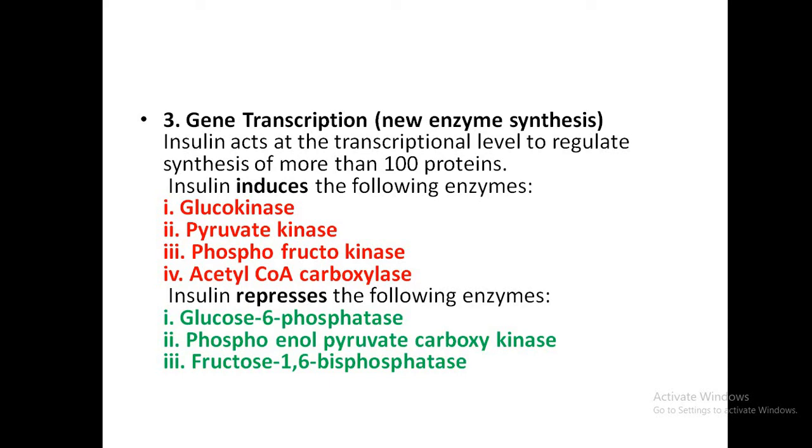And it will repress the following enzymes: glucose 6-phosphatase, PEP carboxykinase, and fructose 1,6-bisphosphatase, which are involved in lipolysis and gluconeogenesis. So insulin induces glucokinase, GCK, pyruvate kinase, PK, PFK, and acetyl coenzyme A carboxylase, and it represses glucose 6-phosphatase, fructose 1,6-bisphosphatase, and phosphoenolpyruvate carboxykinase.